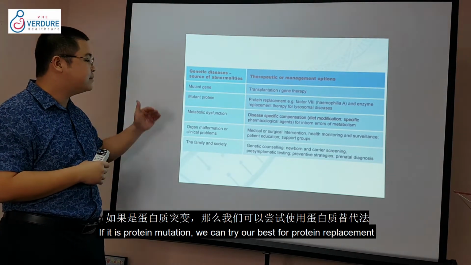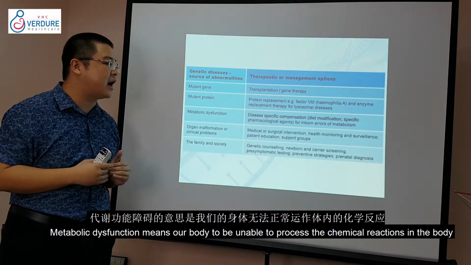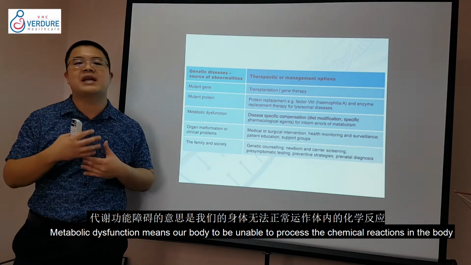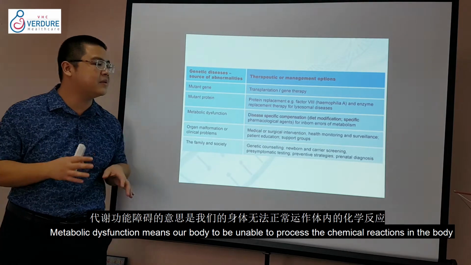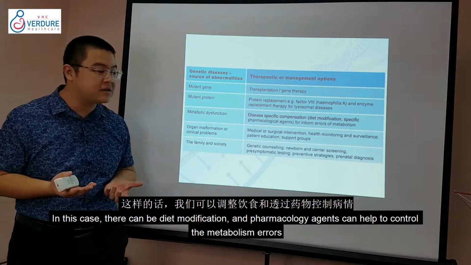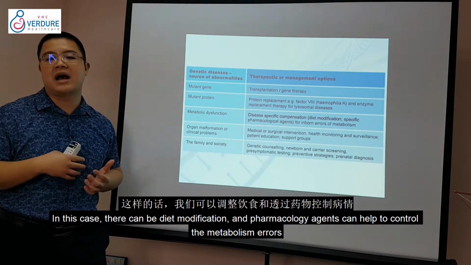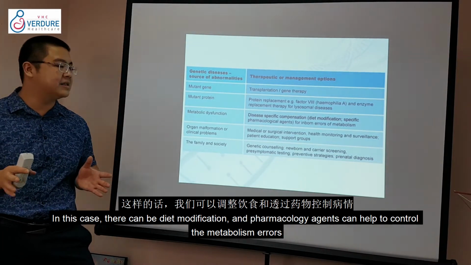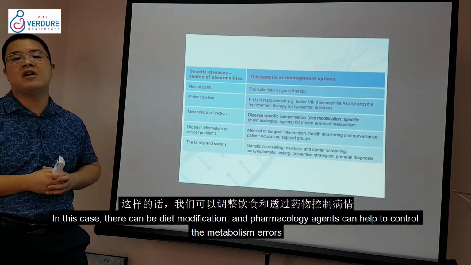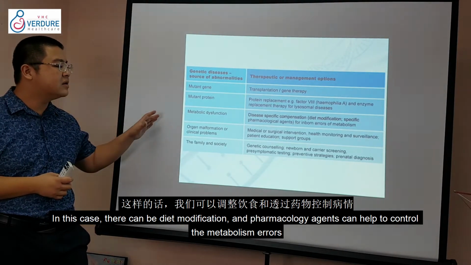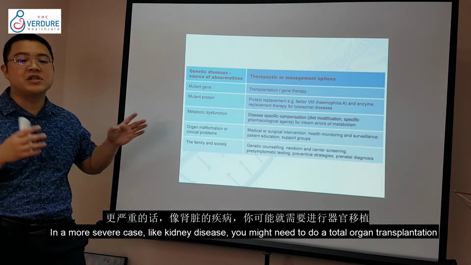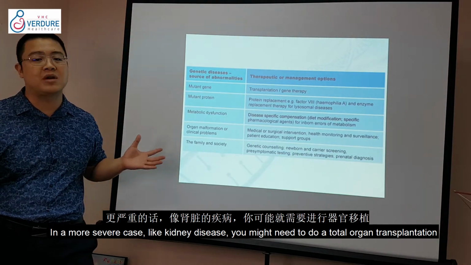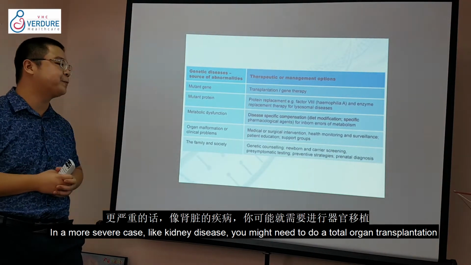Okay, metabolic dysfunction, meaning to say that in the body there are some chemicals that cannot be balanced. So in that case, there can be diet modification or some pharmaceutical or pharmacological agents that can balance out the areas of metabolism, or in a more severe form, just like kidney disease, you might need a total transplantation of the organ.